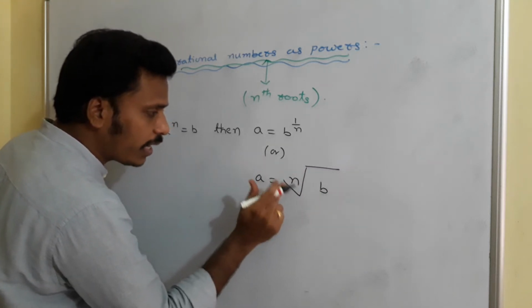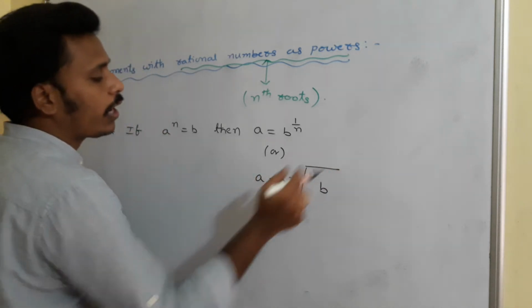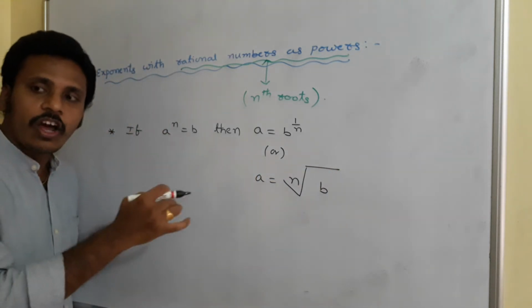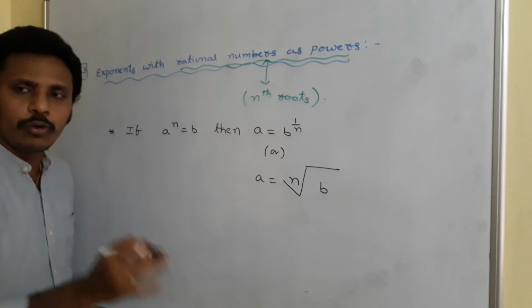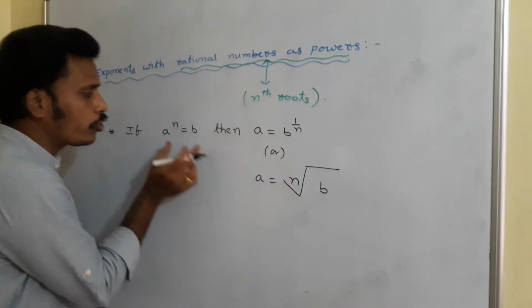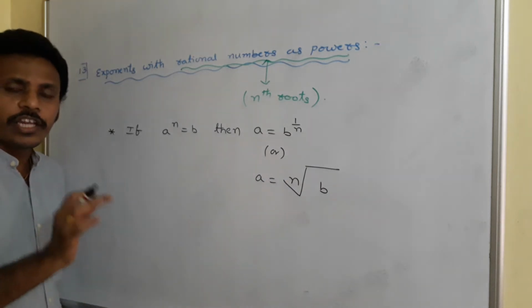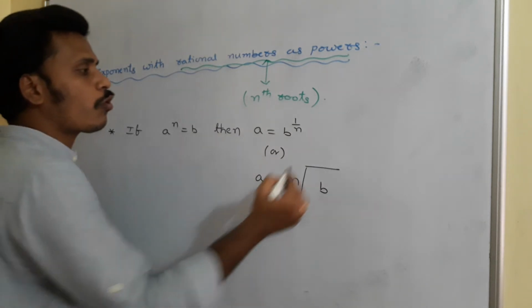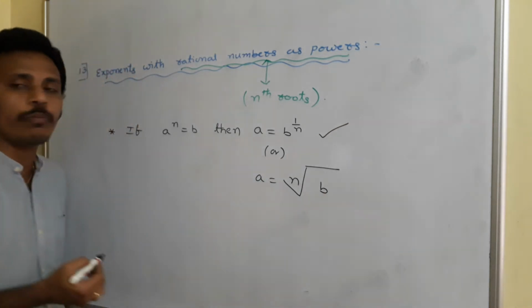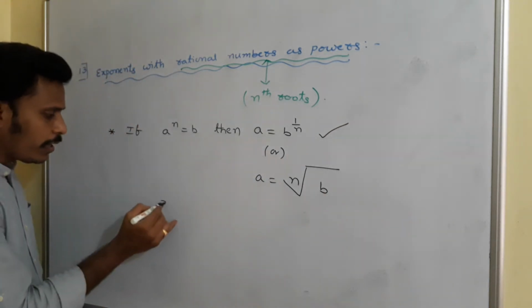You need to write this n in this root sign. We call it the root sign or radical sign, but you can leave the names aside. Just observe this: if a power n is equal to b, then we can write it like this. Initially, since we are at exponents, most of the time I use this: a is equal to b power 1 by n.